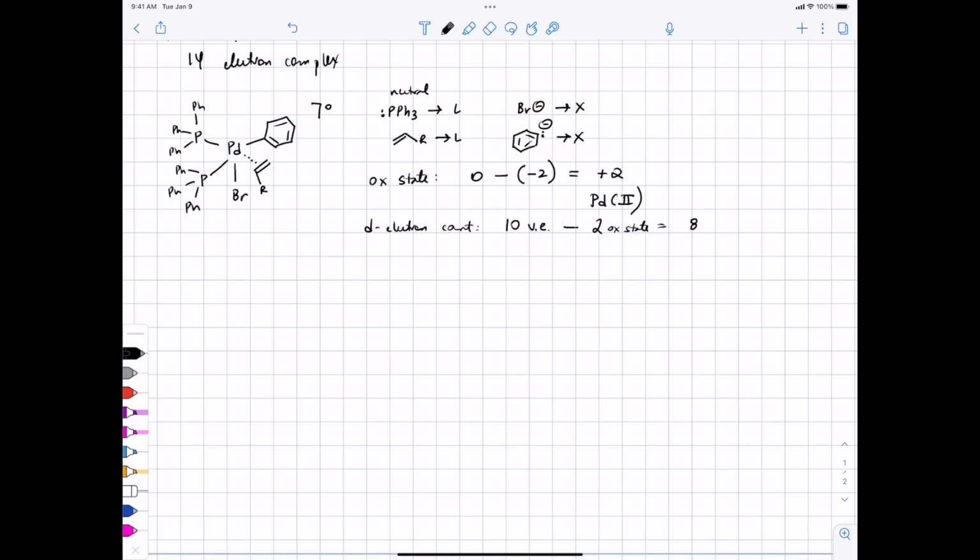And then the total electron count in the complex is 8 d electrons plus 2, 4, 6, 8, 10 from the ligands. That's 18 overall.